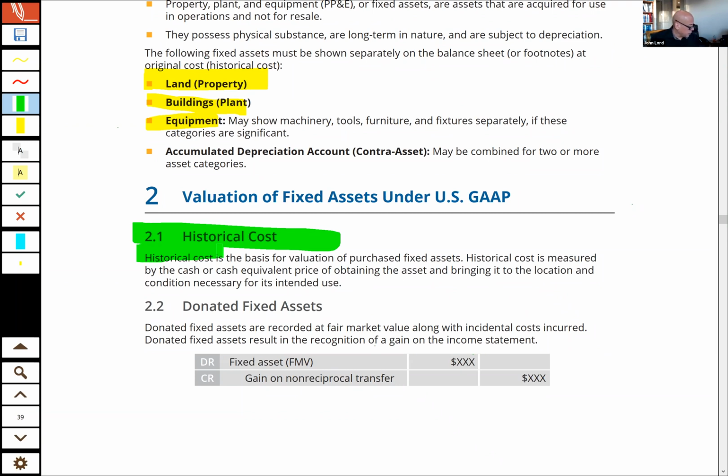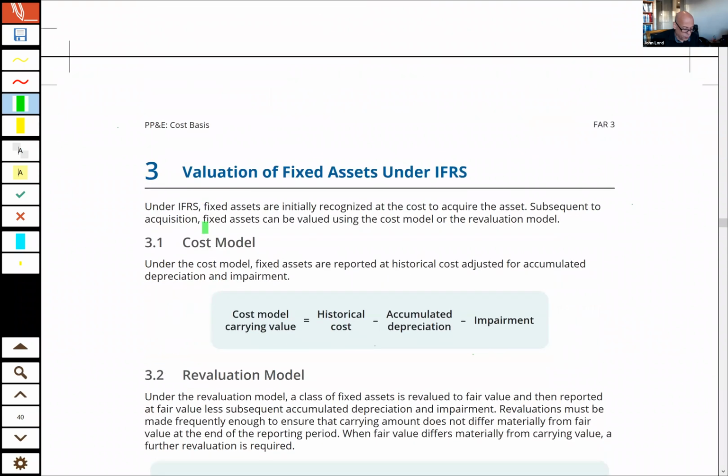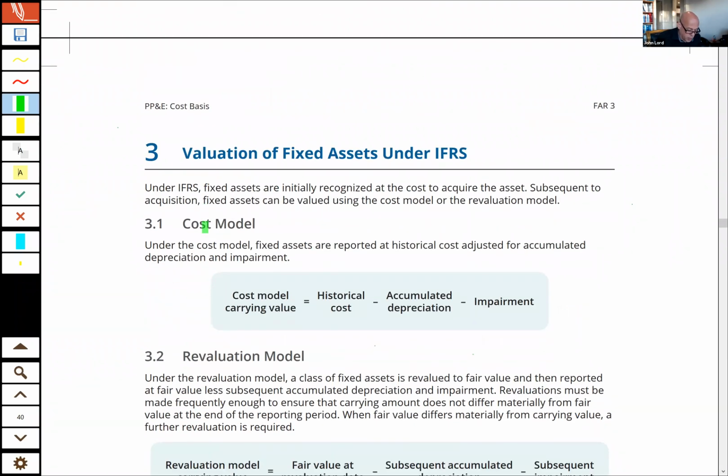Now you come over and take a look at the rule here for our cost model. Cost model is basically whatever its historical cost was minus the accumulated depreciation minus impairment, and that's what we're going to do for US GAAP.